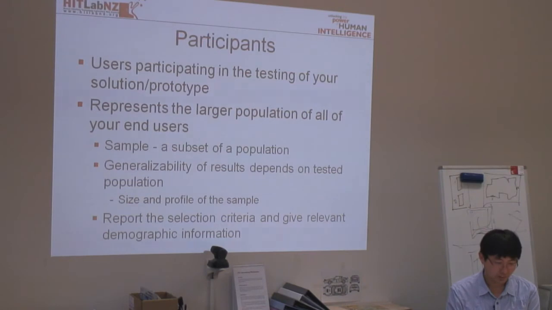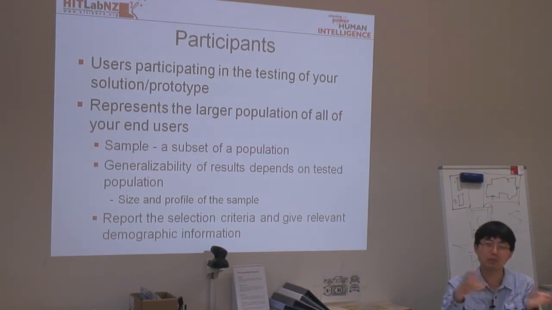Or you can just say you had 10 participants. It's the same thing that you are saying, but participants is, I would say, more emphasizing that it's a user study. A sample could be a user or whatever.